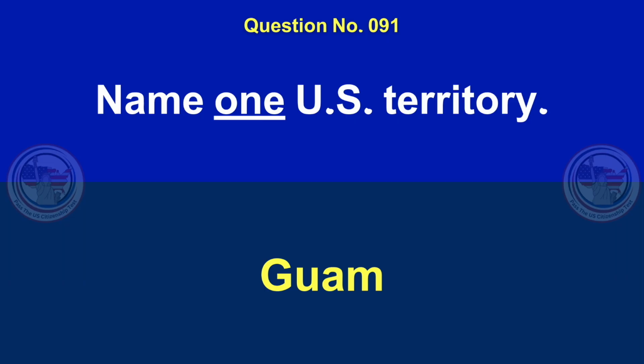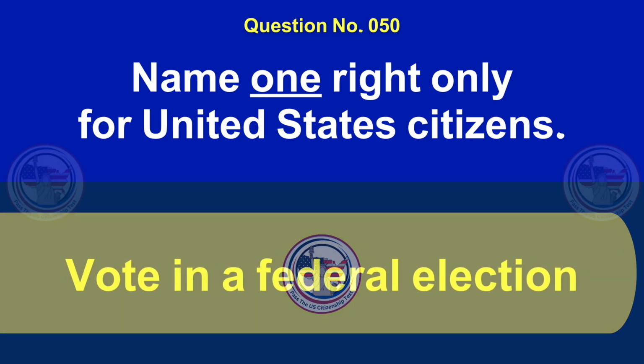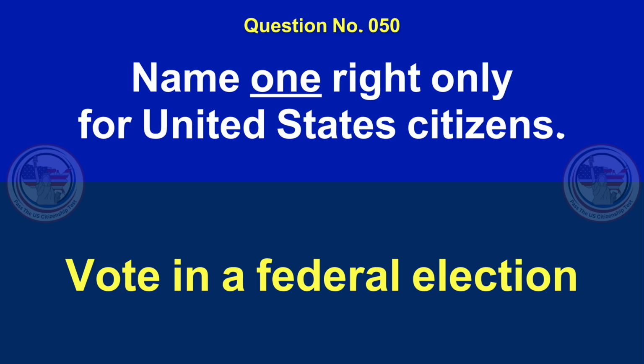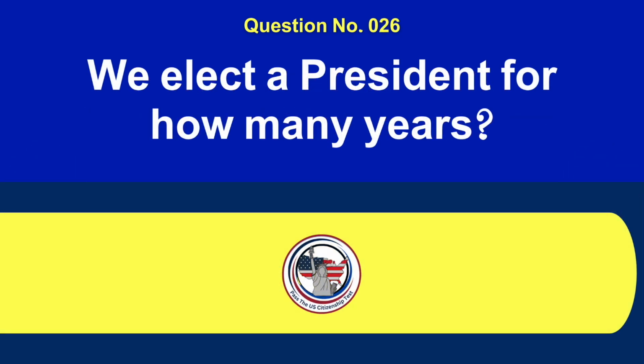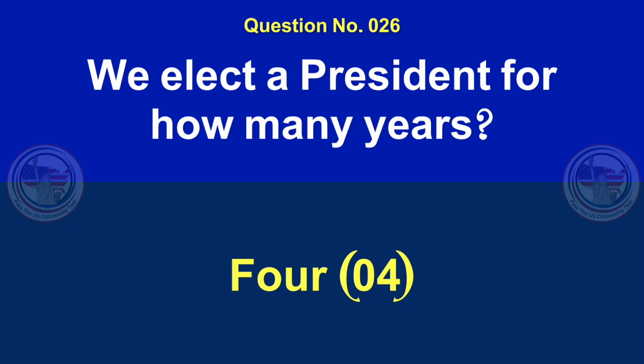Guam. Name one right, only for United States citizens. Vote in a federal election. We elect a president for how many years? Four.